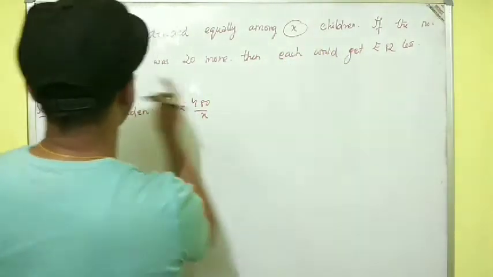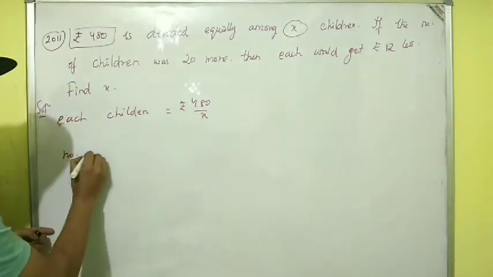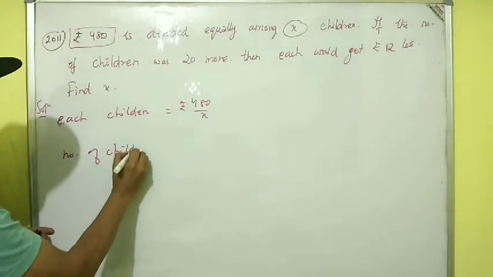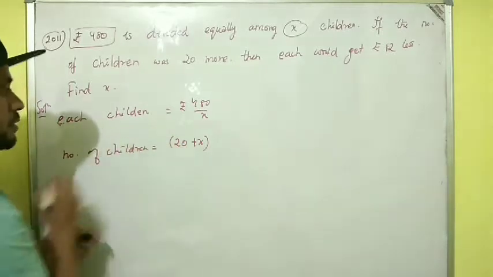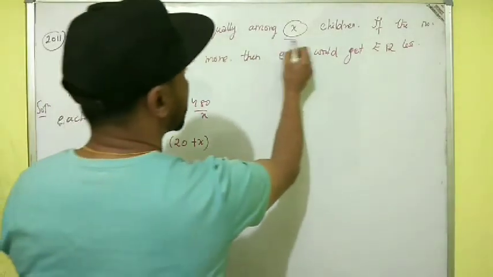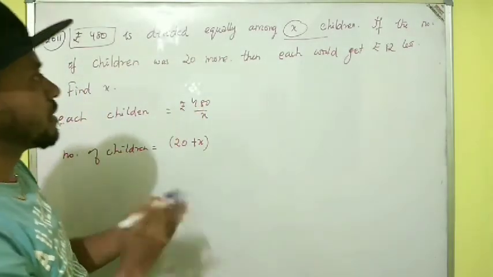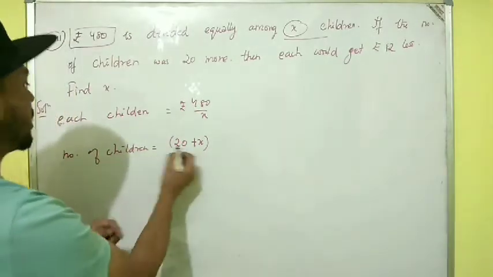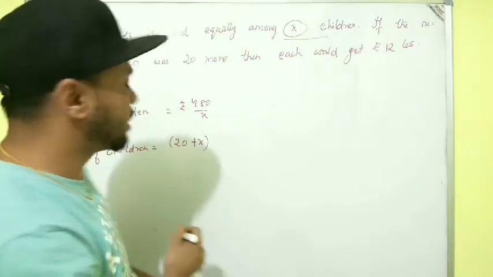Now if the number of children was 20 more, because x number of children we have, so if 20 more children are added, then the number of children will be 20 plus x, then each would get rupees 12 less.